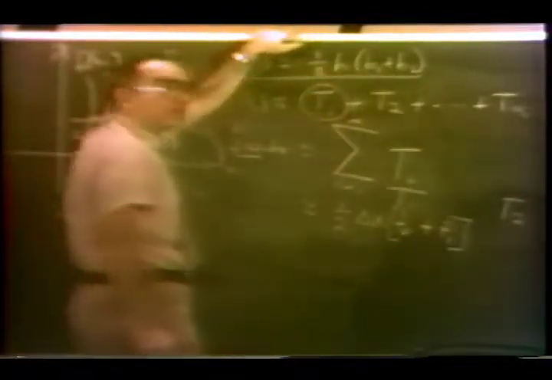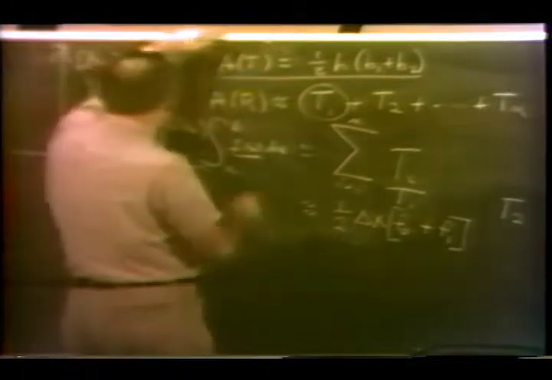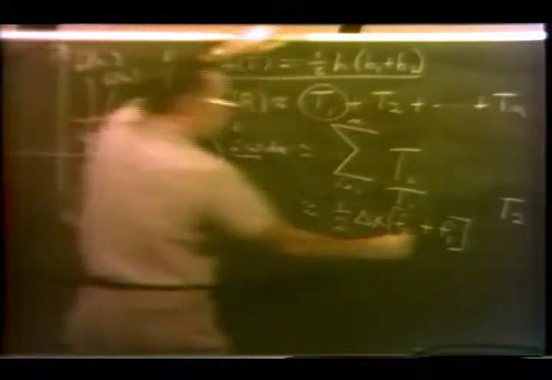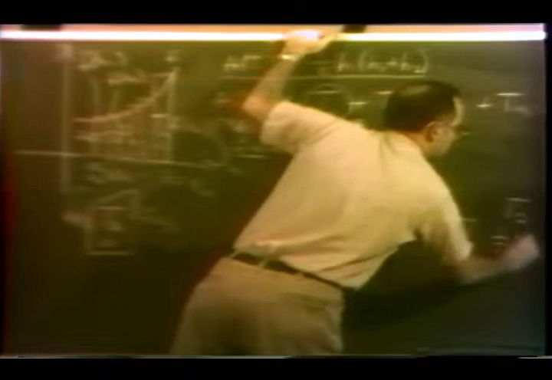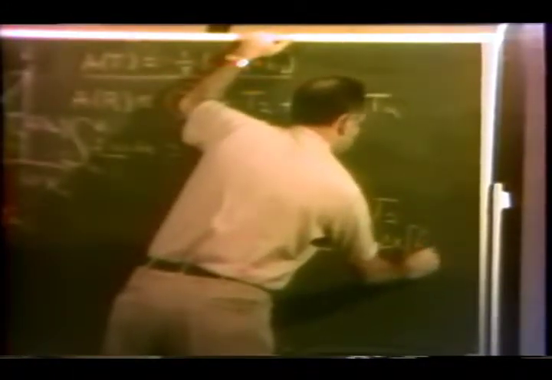T2 then would be, if I look at this thing now and change this, that'll be 2, this will be 1, this will be 2, so yeah, 1/2 delta X times f1 plus f2.